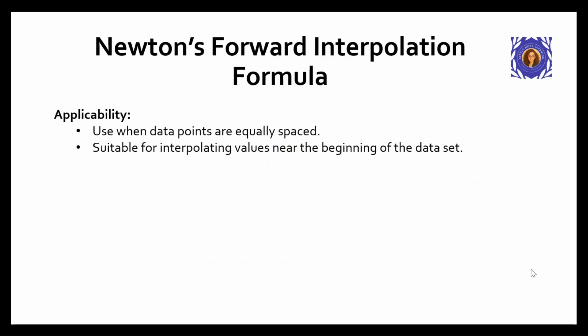Next is Newton's forward interpolation formula. It is used when data points are equally spaced and it is suitable for interpolating values near the beginning of the dataset.